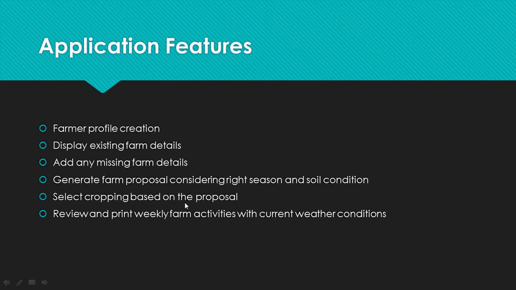And a farm proposal has been made ready that enables a farmer to choose the right crop for the right soil and the right climate. And then if he goes on choosing a crop, a weekly schedule table is generated which helps remind him of the activities that he has to do on the farm.